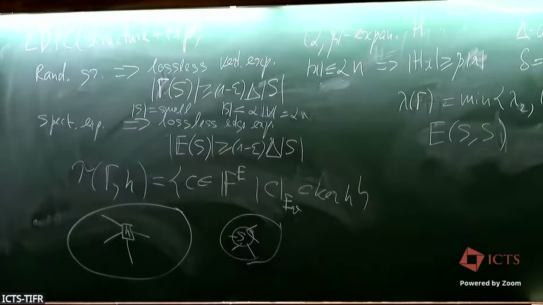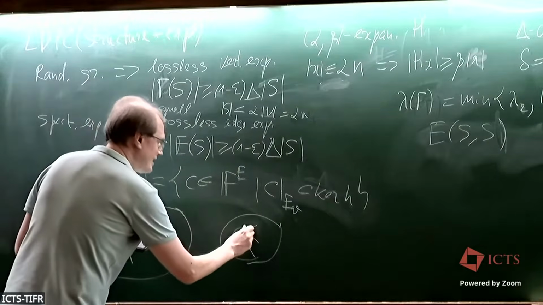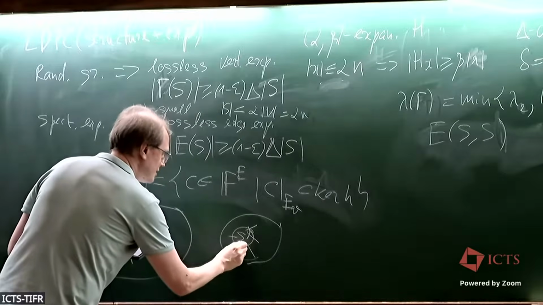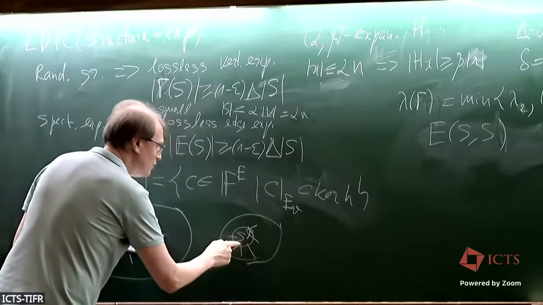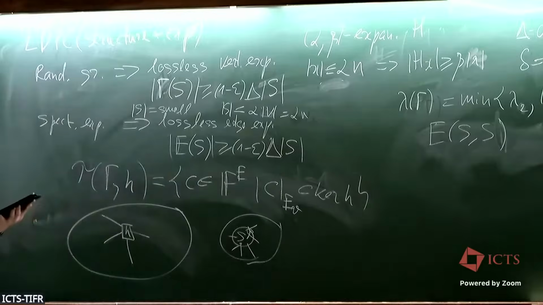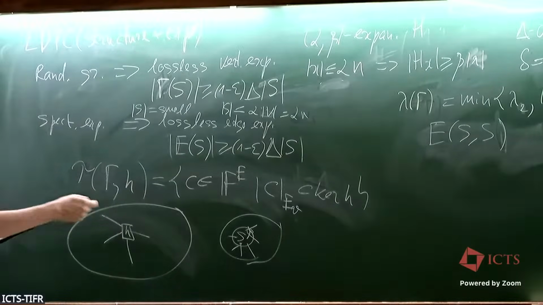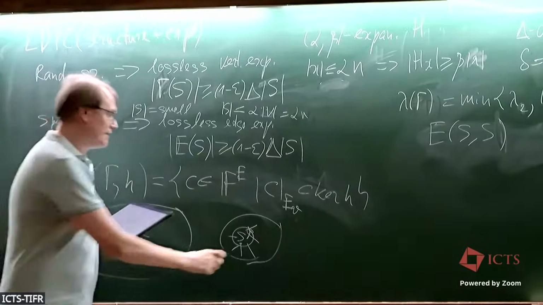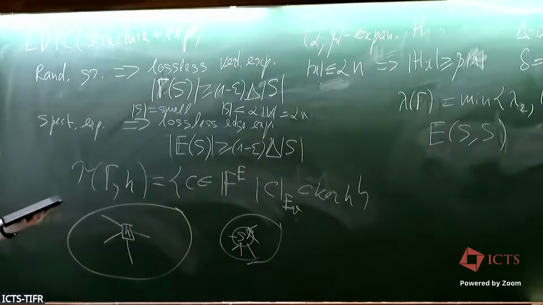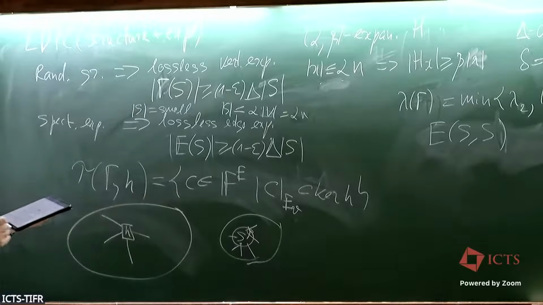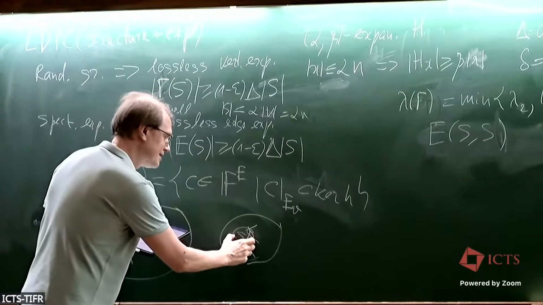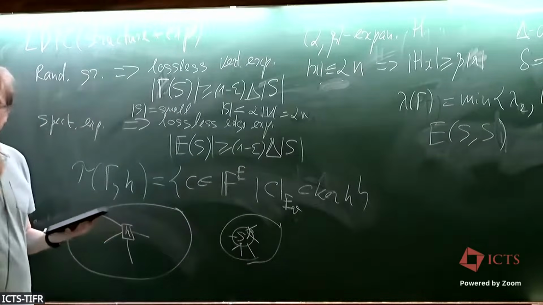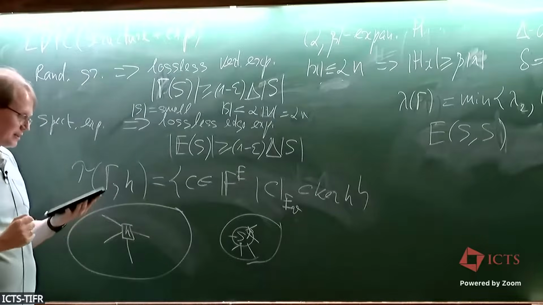And we need to estimate the size of the set that has zero syndromes, that has all vertices where all the checks are satisfied. Using this mixing lemma, you can show that the size of this set is also very small. So this is the main idea.